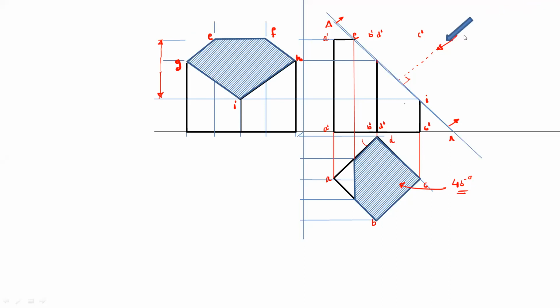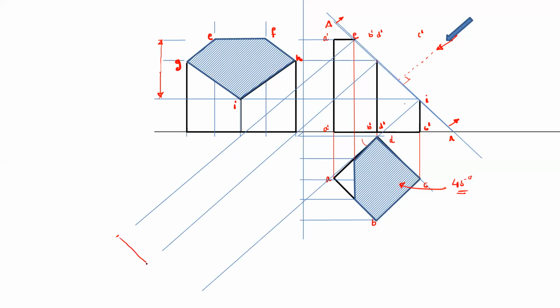So this is the observer direction. Now draw the projector lines from the points E, I and G, H to draw the true shape of the section. This will give the true length of the section.